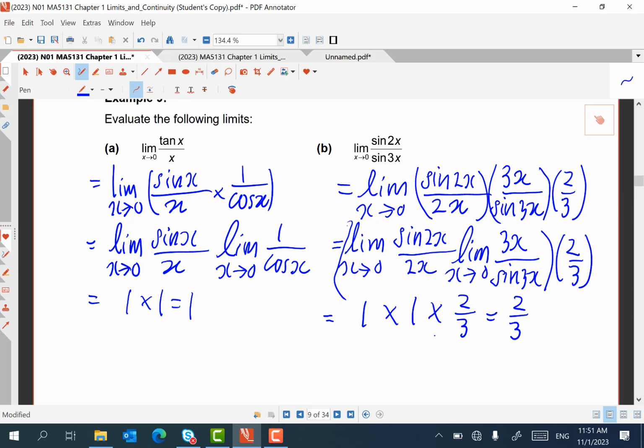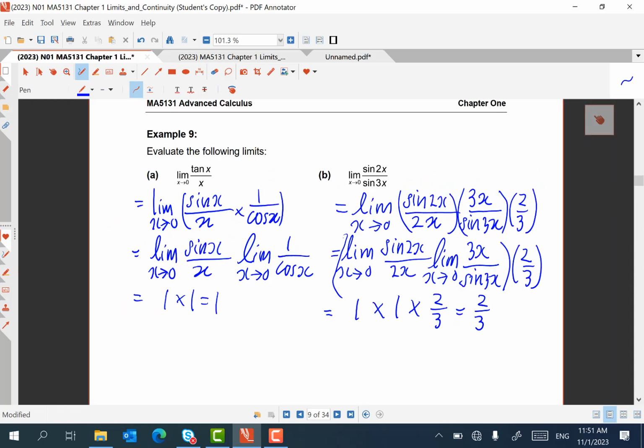Someone raises the use of L'Hopital's rule. I would not advocate it at this moment. We'll use it later in chapter 2, okay? We'll use it in chapter 2.